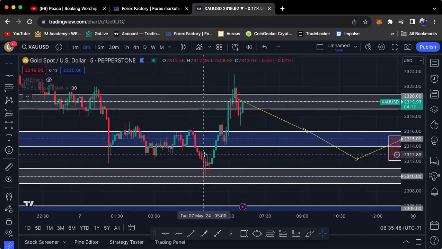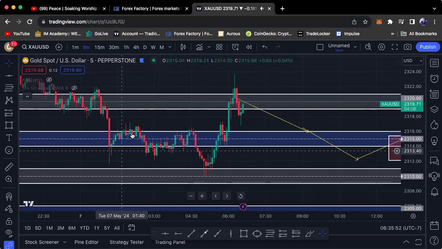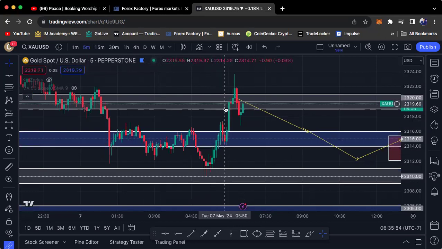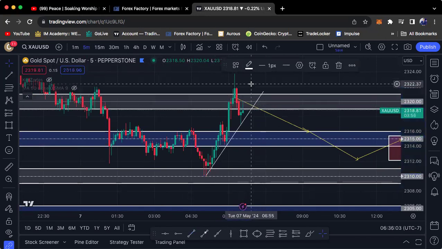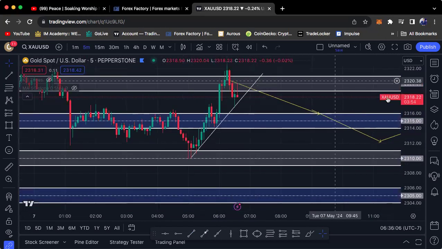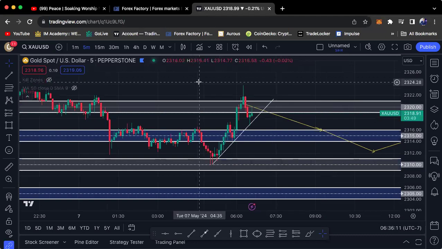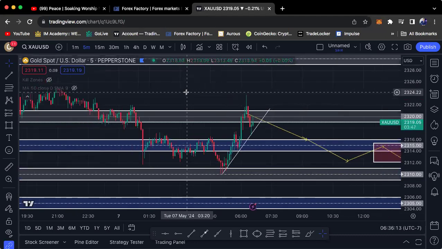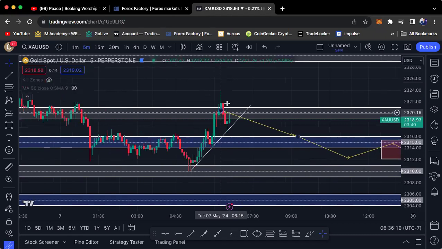See how it's consolidating, and then it broke above. It's retesting this area again, 2320.